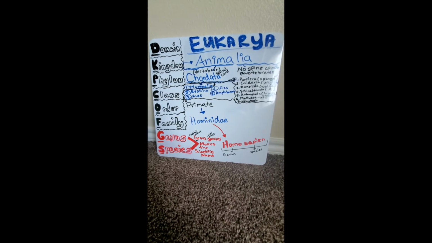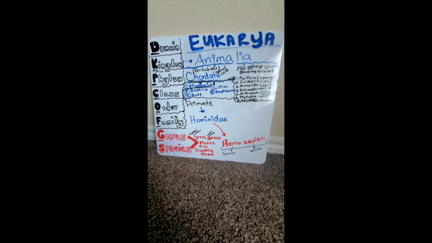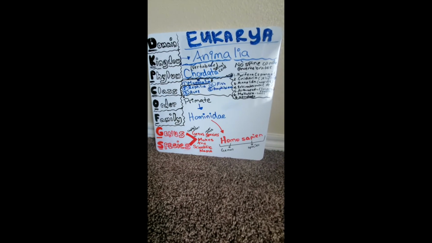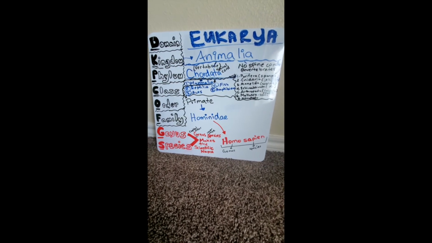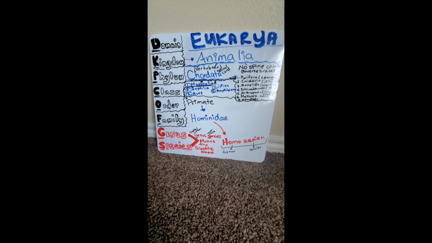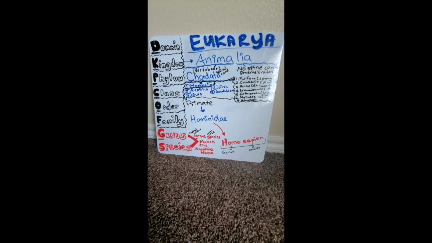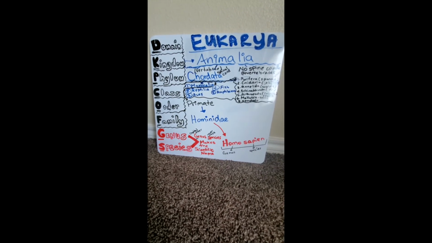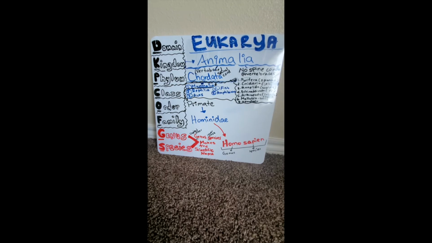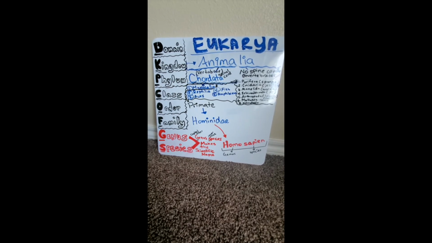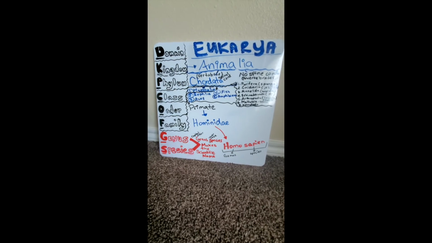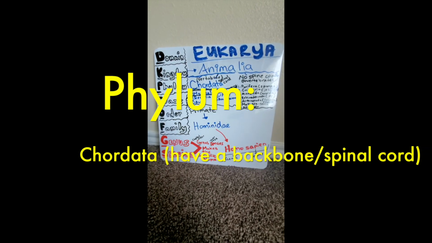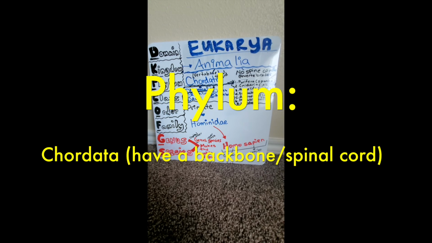Okay, so we're going to focus on the domain Eukarya, where all eukaryotes fall into. Eukarya includes the kingdom Animalia, which we will also focus in on. Usually, when you think of animals, you think of animals that have spinal cords, and that's the phylum Chordata, meaning they have a backbone.